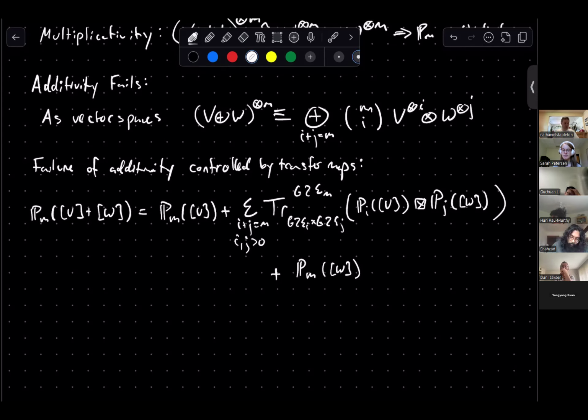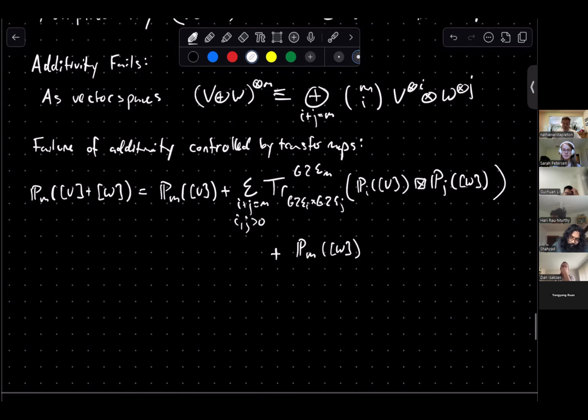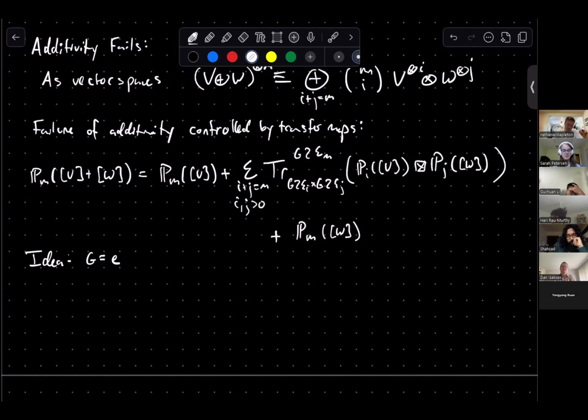And you might wonder why this is the case. It says that these transfer maps are somehow playing the role of binomial coefficients, and that's really true. That is what they're doing. The idea is not actually that hard. Let me just state it in the case G is trivial so that we can see what's going on.